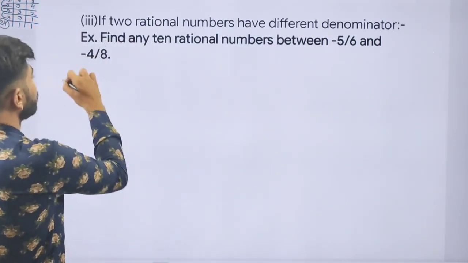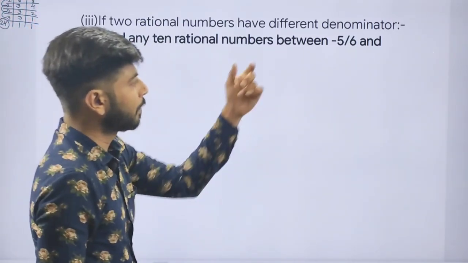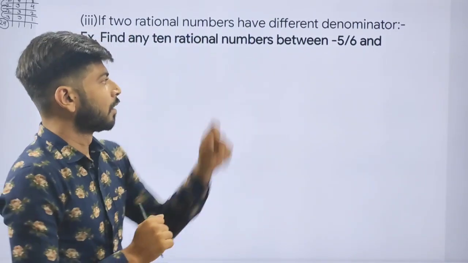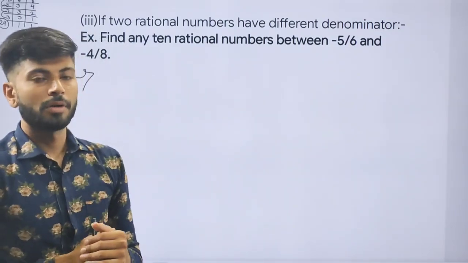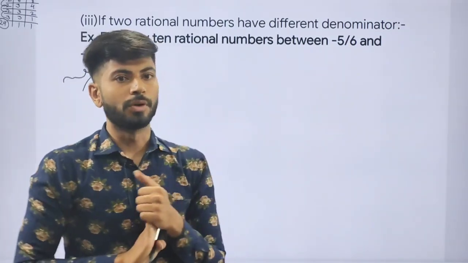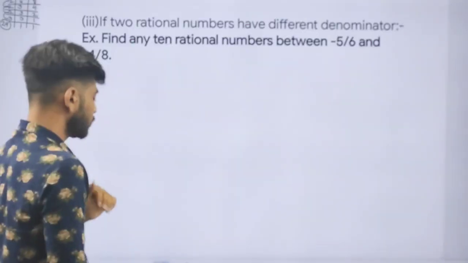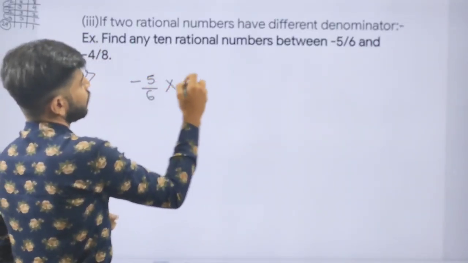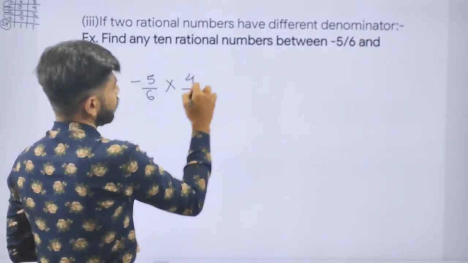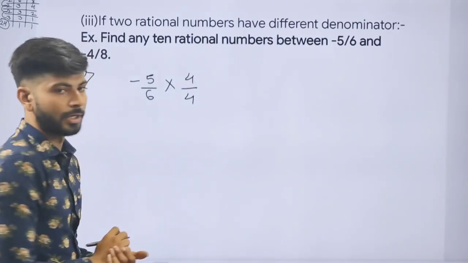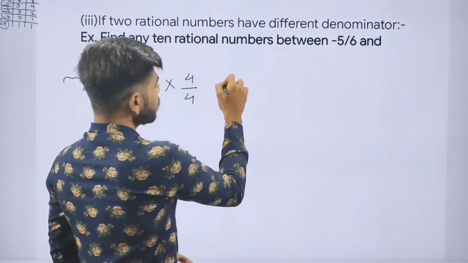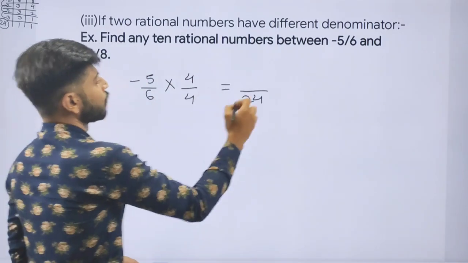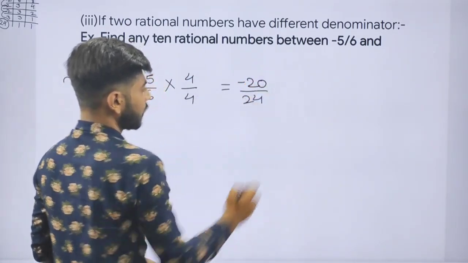First of all, we will multiply 6 to get 24. To get 24, we need to multiply 6 with 4. So we will first multiply minus 5 upon 6 with 4 upon 4. 6 4s are 24, so we get denominator 24, and the numerator 5 4s are 20, minus 20.